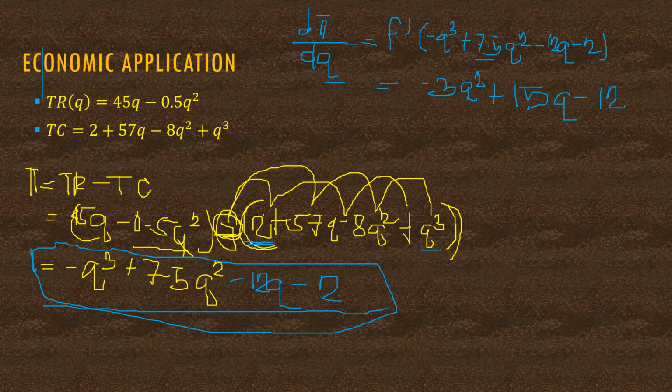So what is the next thing that you are going to do? The third step is to find the Q value by using your quadratic formula.